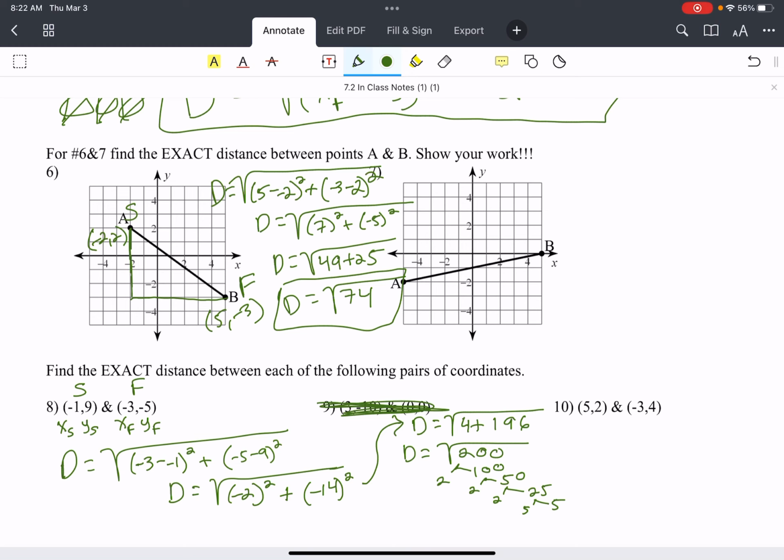Do I have any pairs? Yeah, I got 2 pairs this time, right? A pair of 2s and a pair of 5s. So those both come out. And my only leftover 2 is what stays under. So 10 root 2 is my distance.